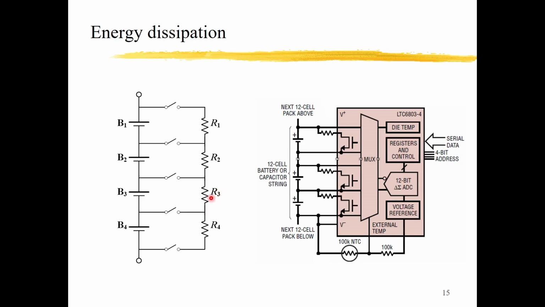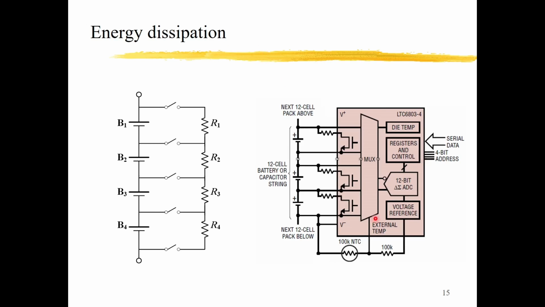And we can only activate the batteries of the highest SOC or higher SOC to dissipate the energy by the resistors. Even though this is an energy dissipation method, it is very easy. The BMS IC still has to control it, still has to monitor the battery SOCs and decide which battery should be dissipated.